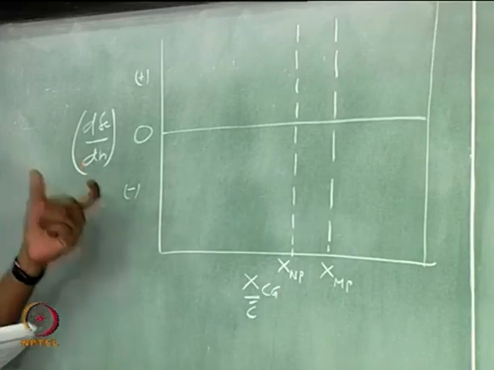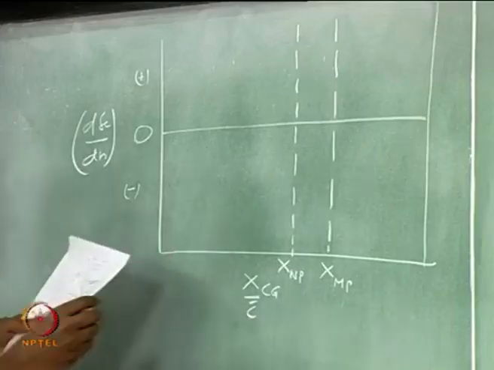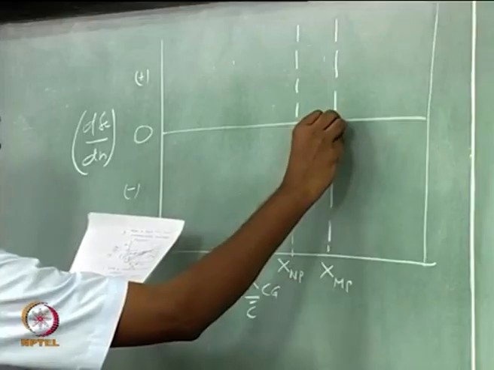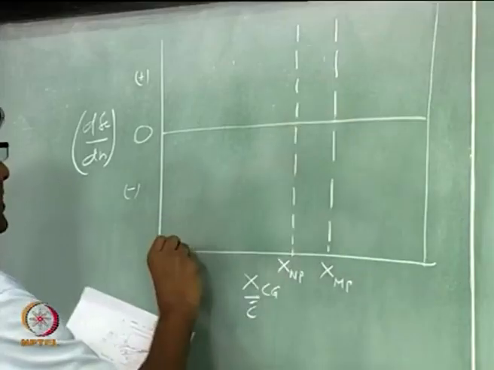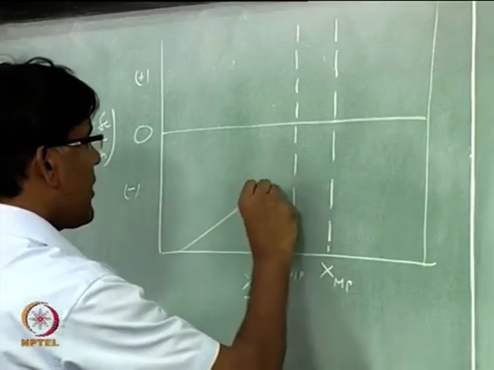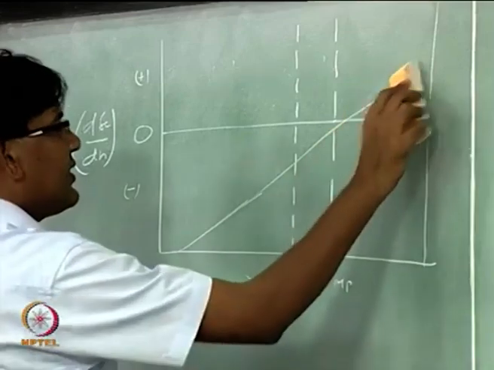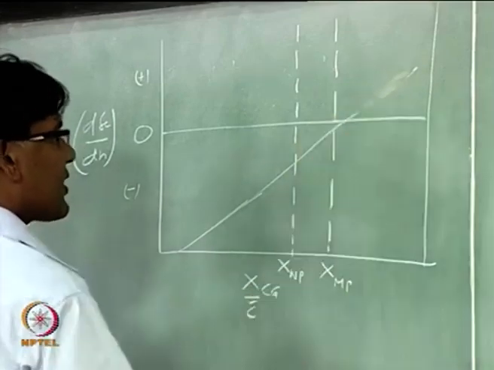this against this for different velocities. Okay. So, I am drawing it for 3 different velocities.